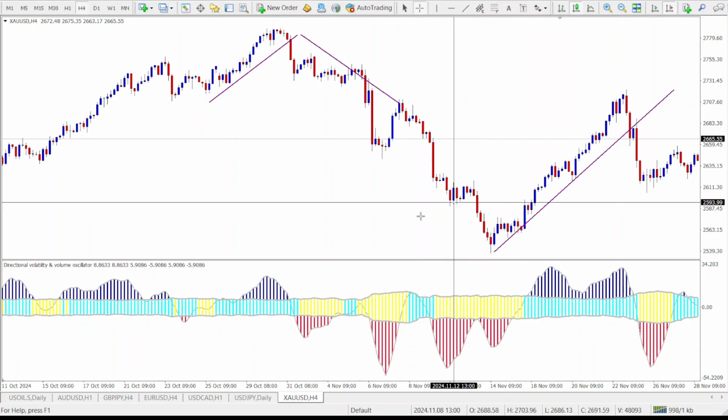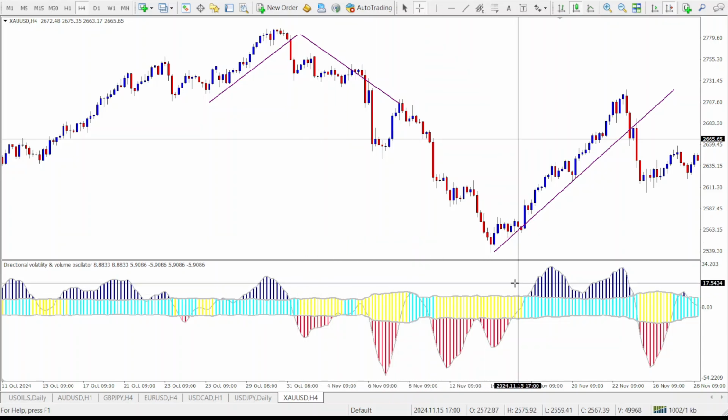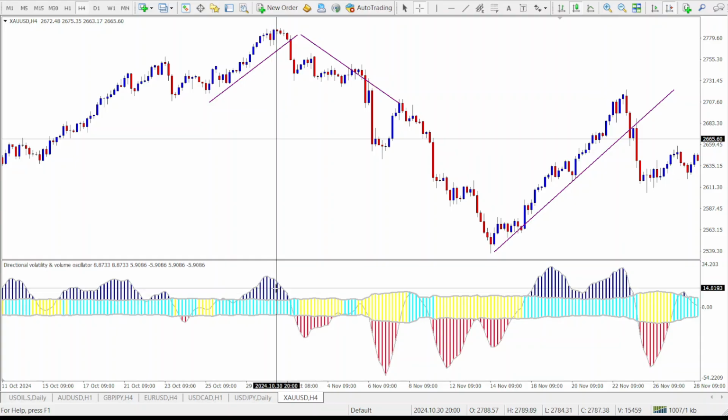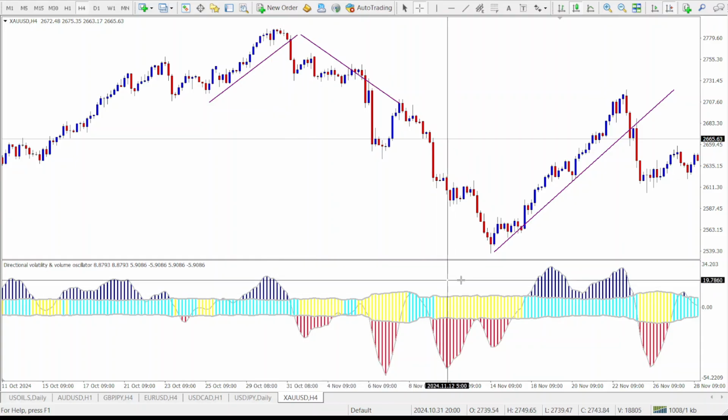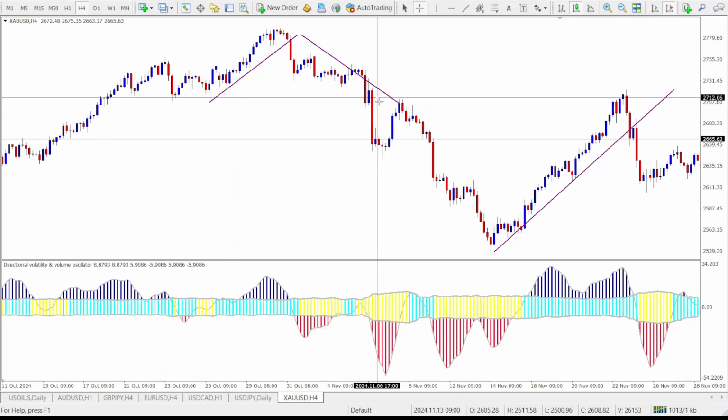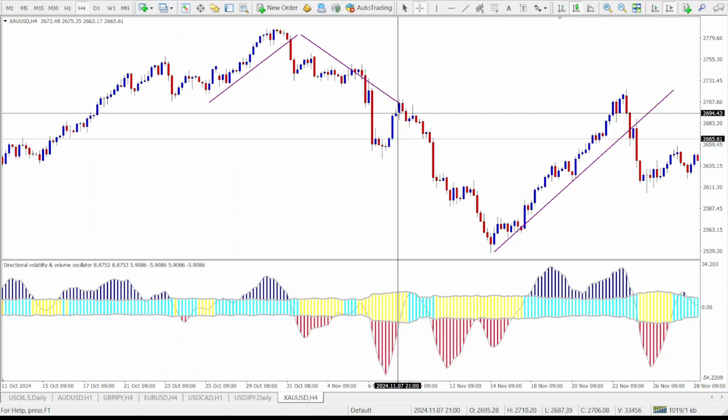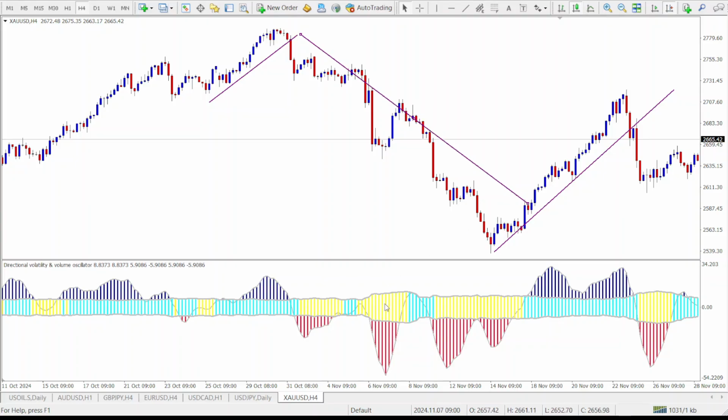And you will notice that within this time frame, there were no blue histogram bars above, because in as much as there were significant pullbacks, the trend remained bearish. There was no formation of dark blue histogram bars because the momentum was still bearish.